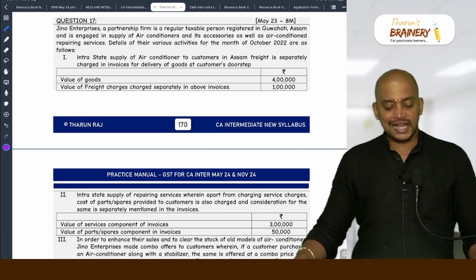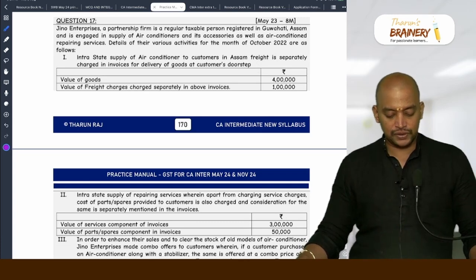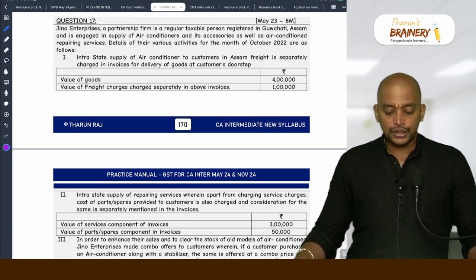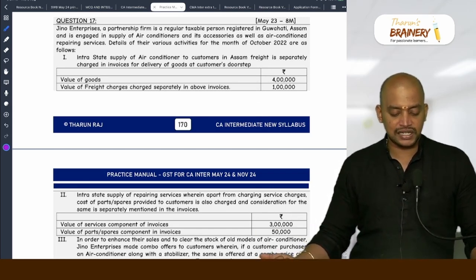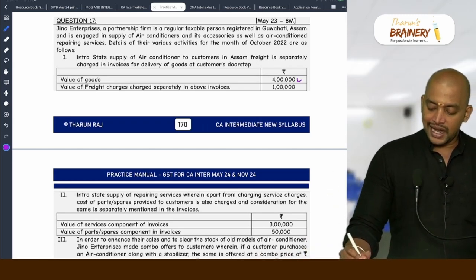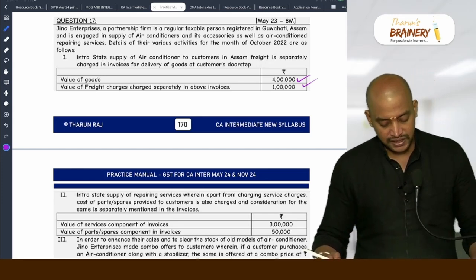Details of their various activities for the month of October 2022 are as follows. Intrastate supply of air conditioner to customers in Assam. Freight is separately charged in invoice for delivery of goods at customer's doorstep. Value of goods 4 lakhs and freight charges charged separately in the above invoices.